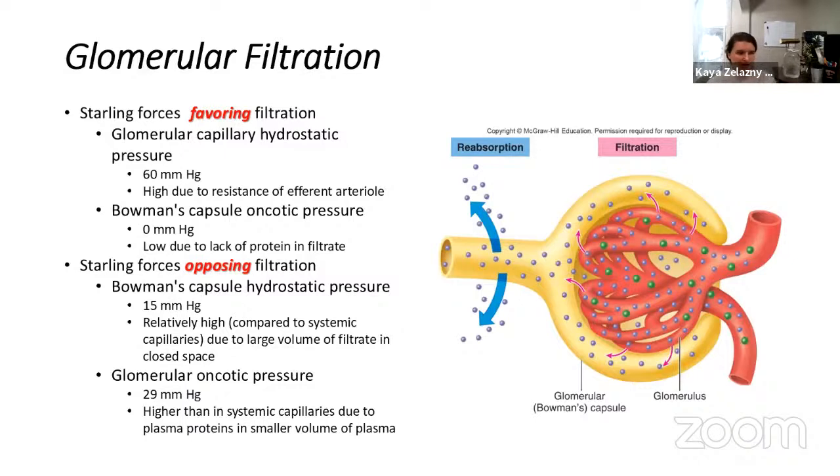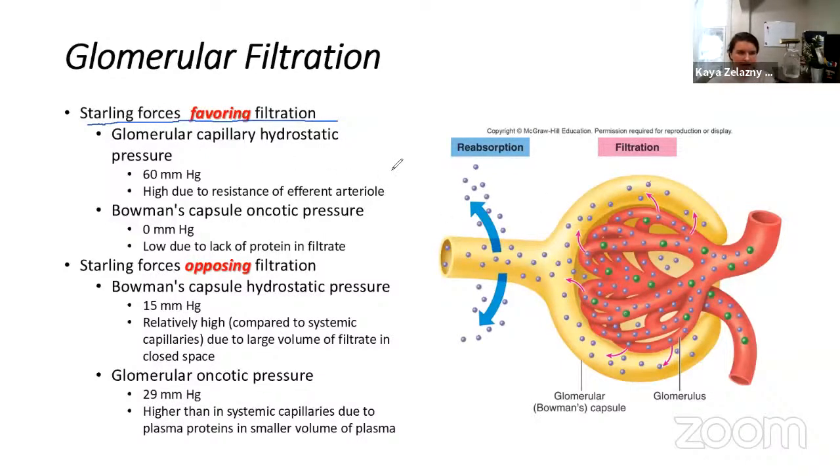Okay, so we have forces favoring filtration and we have forces opposing filtration. And now they've drawn them out for you. Again, slightly neater than my drawing. So in these drawings, we have our big proteins in green, and we have our little water molecules in blue.